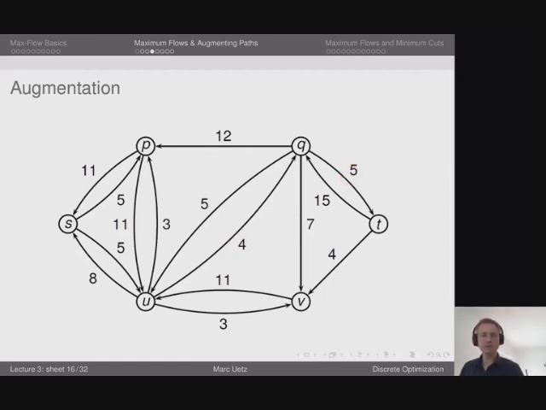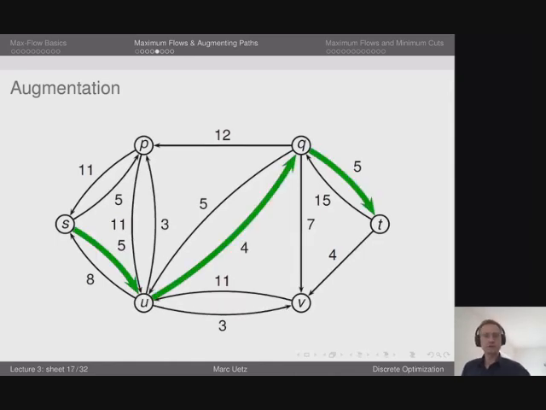So the residual capacity of the corresponding path would be the minimum of these values. So that's the maximum amount that can go through this path. Also, if you look at the upper path that I indicated before, you see that this does not correspond to a simple path in the corresponding residual graph. So we have found a simple ST path in the residual graph, and this would be the corresponding path.